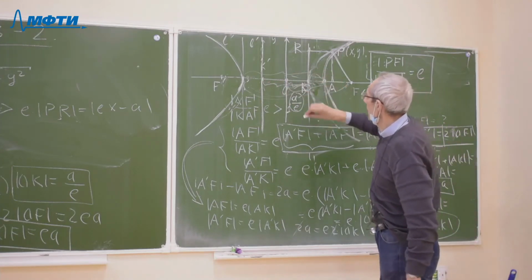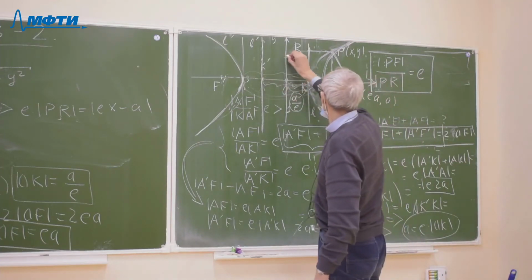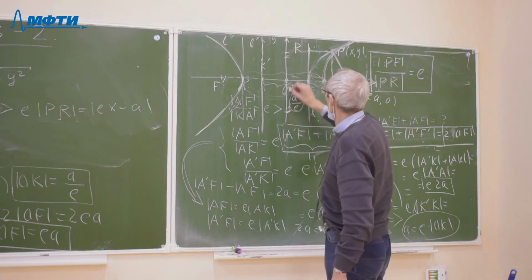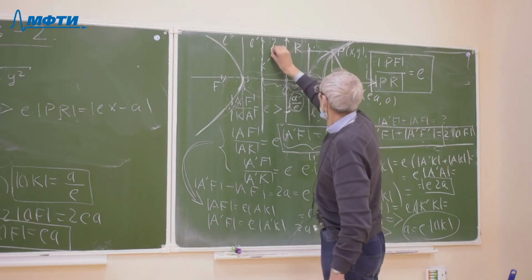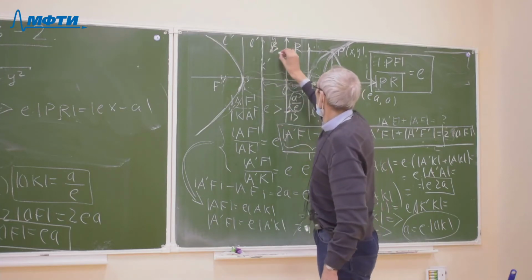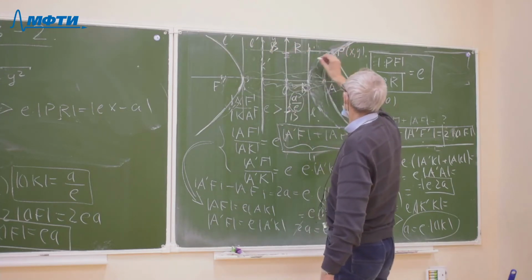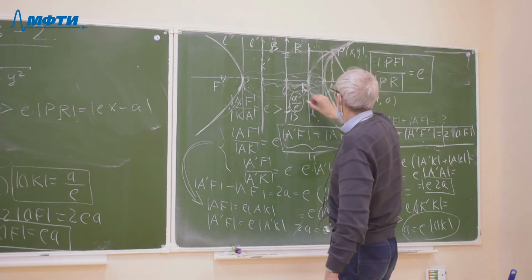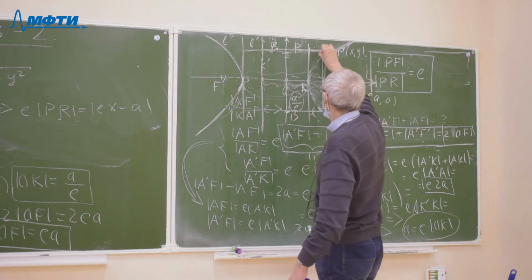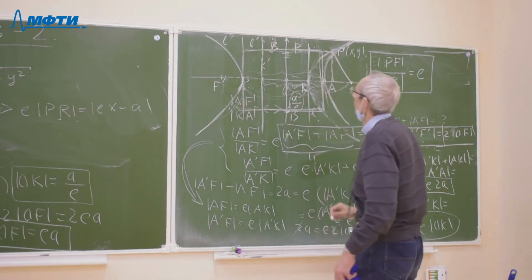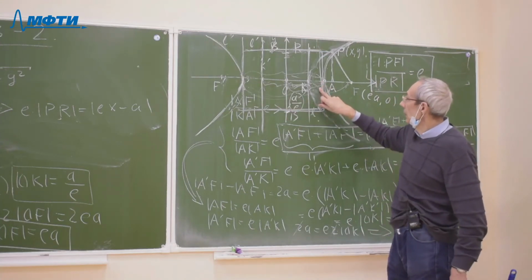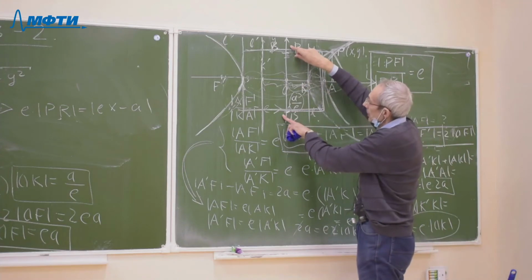This distance A, and here we have also the other points B and B prime, and we have the basic rectangle. This side of the rectangle is equal to A, and this side to B, twice B.